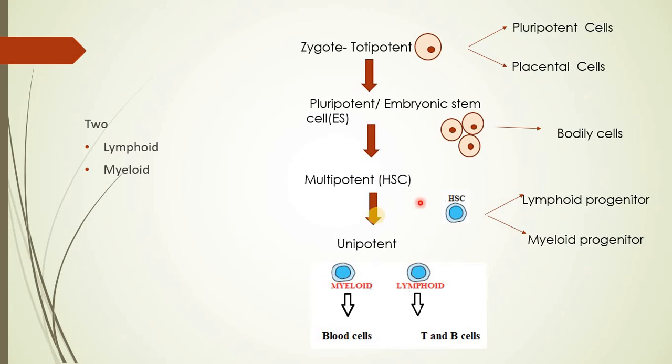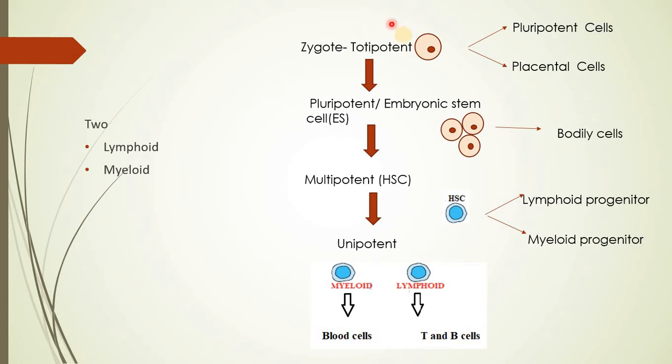Now this HSC is called a multipotent cell. Before we discuss what a multipotent cell is, we'll see the development of this multipotent cell and then continue with the discussion. Multipotent cells are developed from pluripotent cells, whereas pluripotent cells are developed from the totipotent cell, right? So let us see what we mean by totipotent cell.